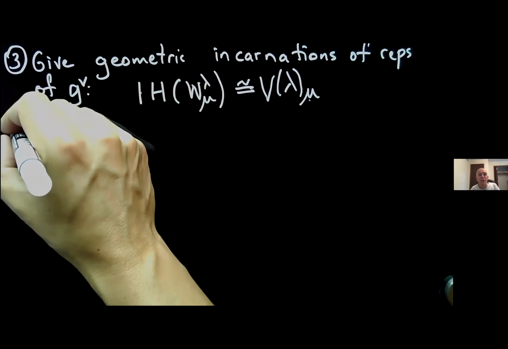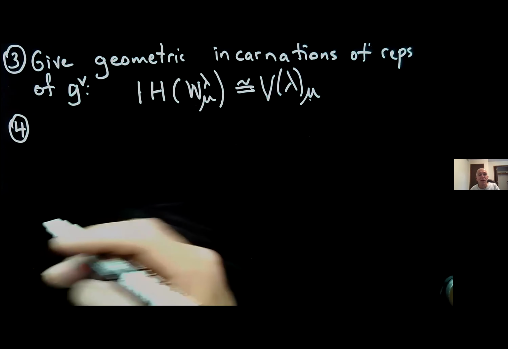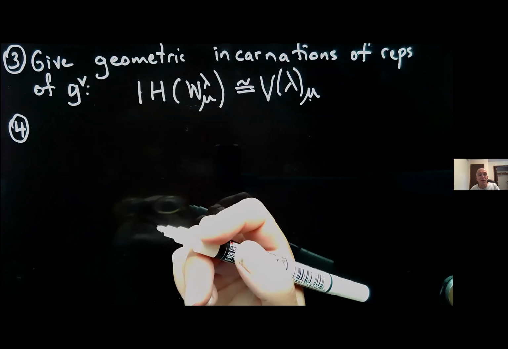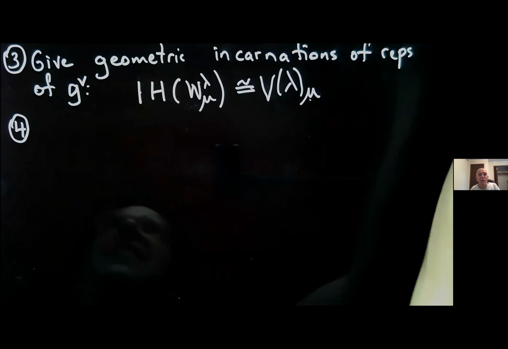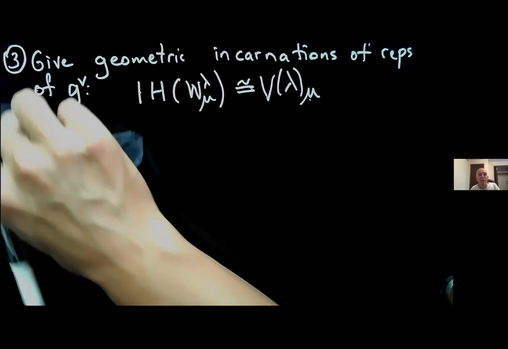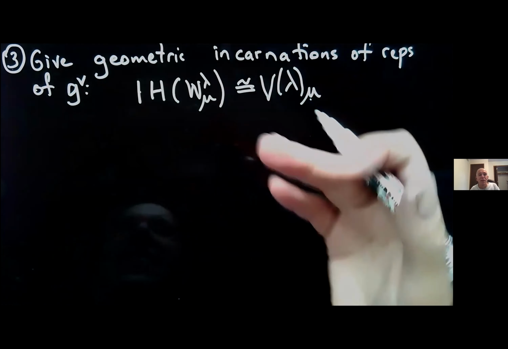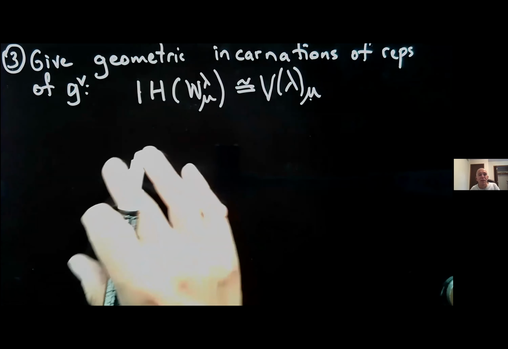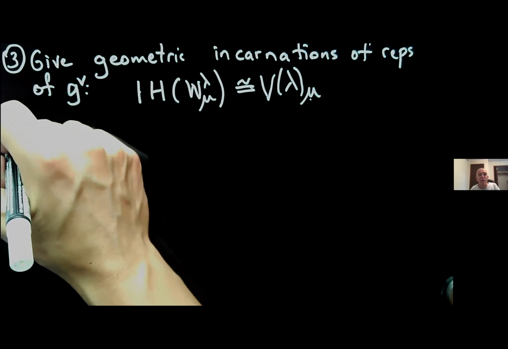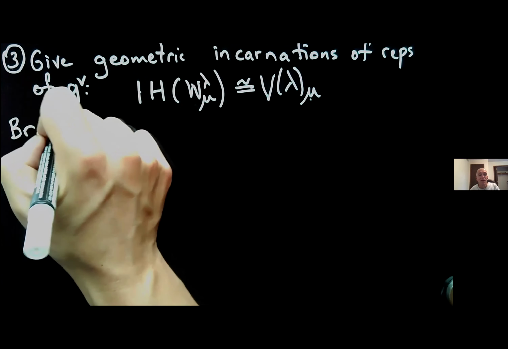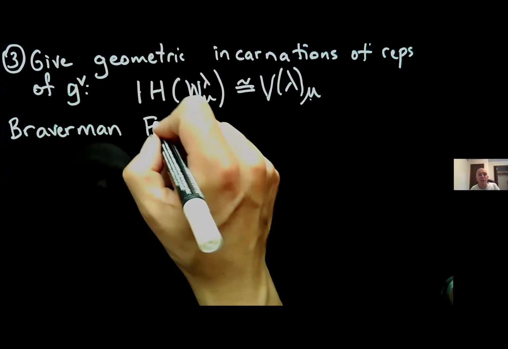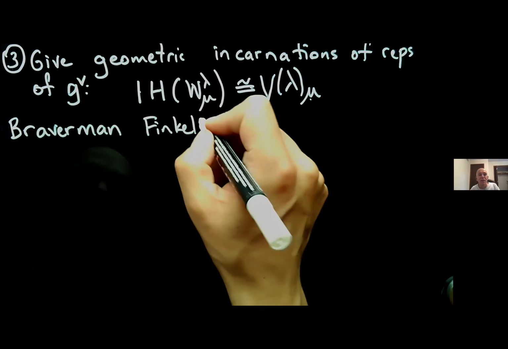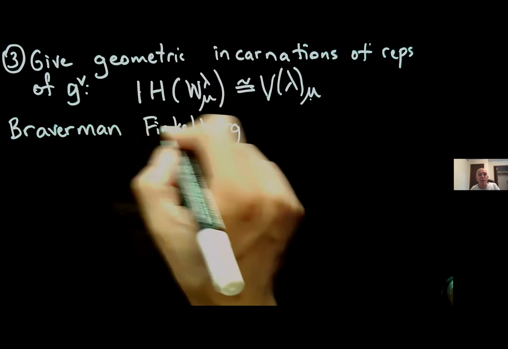Here's another important fact about them. Maybe I should have said this right at the beginning of this section, but I'll say it now. These affine Grassmannian slices and these properties were introduced and studied principally by the following people: Braverman-Finkelberg. I guess Braverman-Finkelberg were really the first to study them.